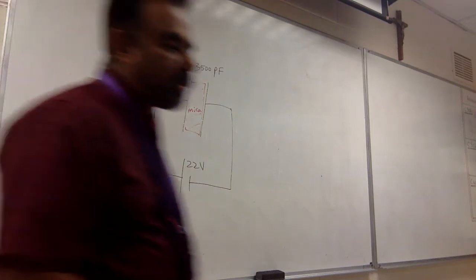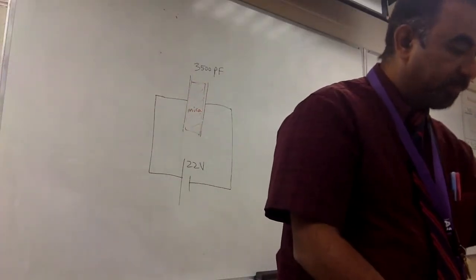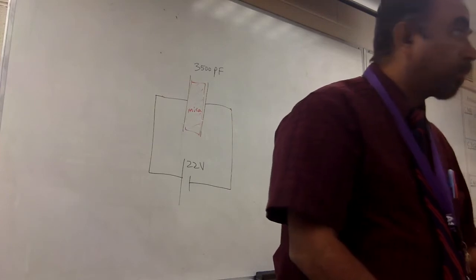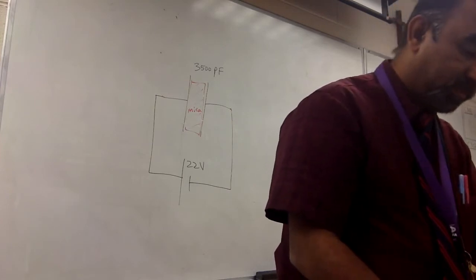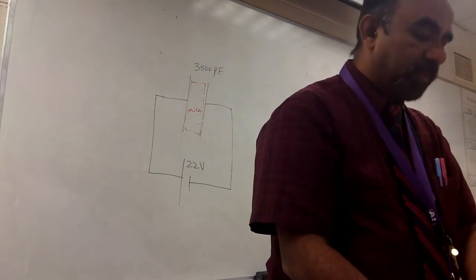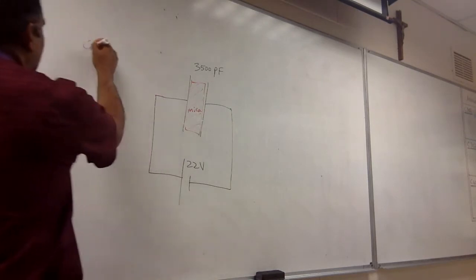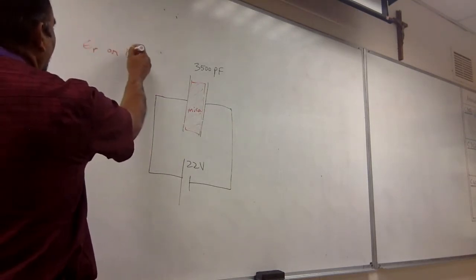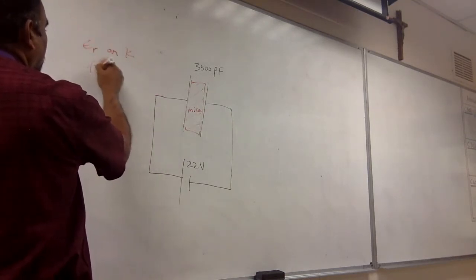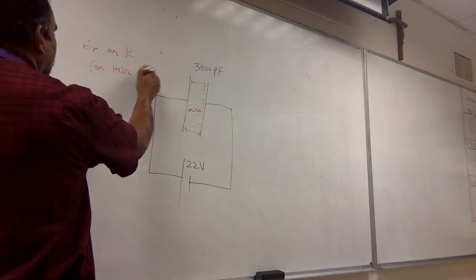That's the question. And of course, you need the information about mica. What do you need about mica? You need the dielectric constant or relative permittivity, epsilon R or K for mica, which is 7.